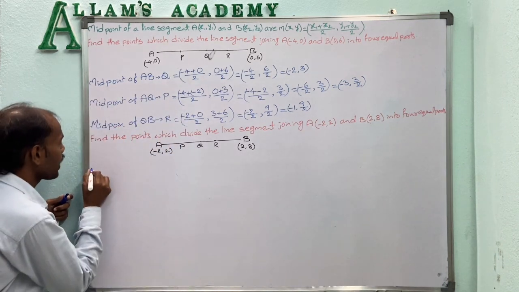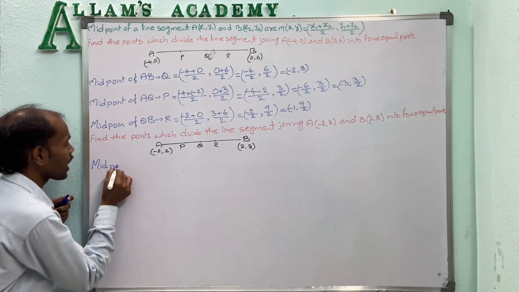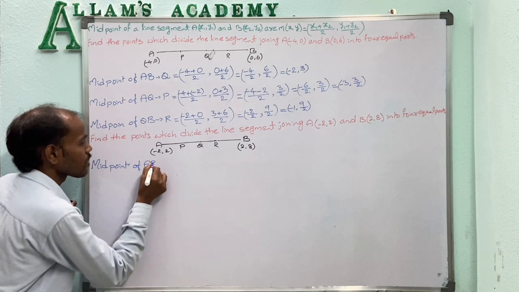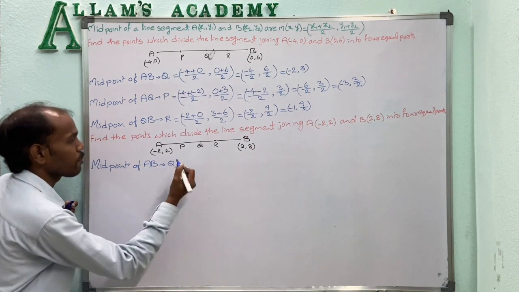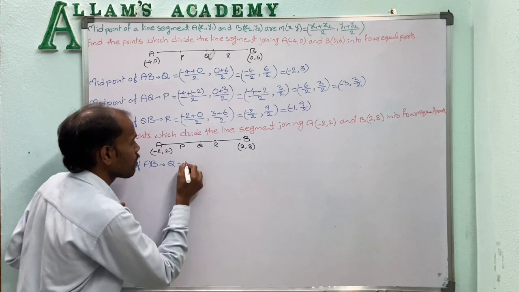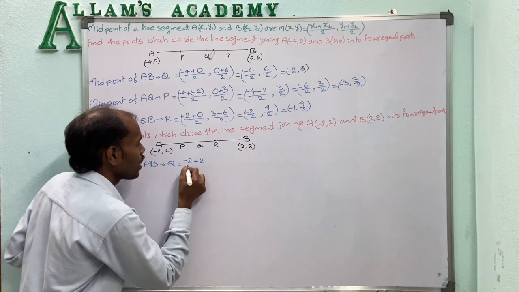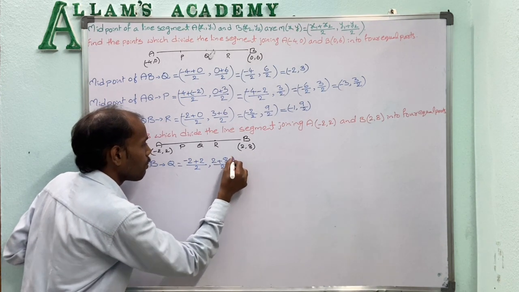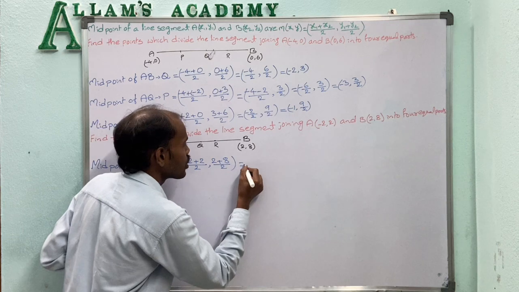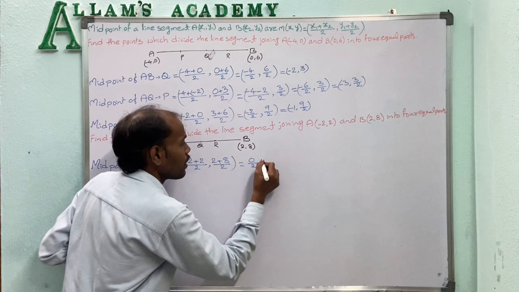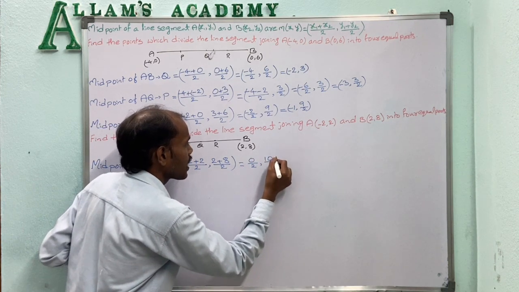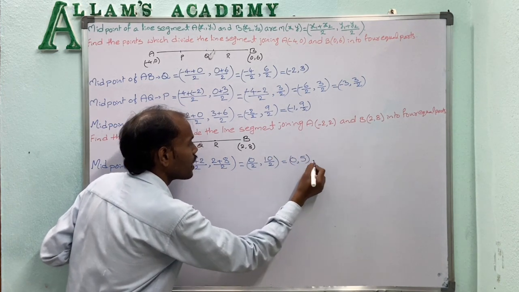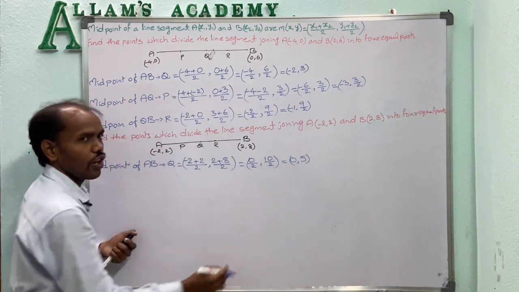So now finding the midpoint of AB, the midpoint of AB is Q, that is equal to (x1 plus x2) by 2, minus 2 plus 2 by 2, (y1 plus y2) by 2, 2 plus 8 by 2. Minus 2 plus 2 is 0, 0 by 2, and 2 plus 8 is 10 by 2. 0 by 2 is 0, 10 by 2 is 5. So the Q coordinates are 0 and 5.